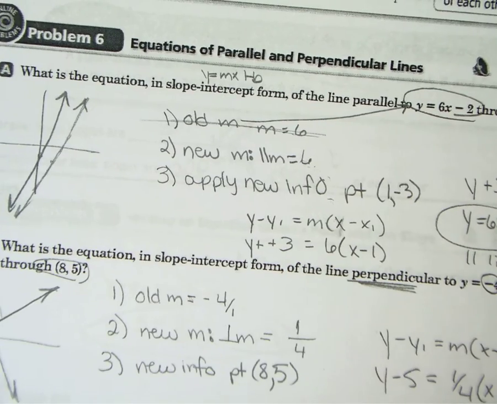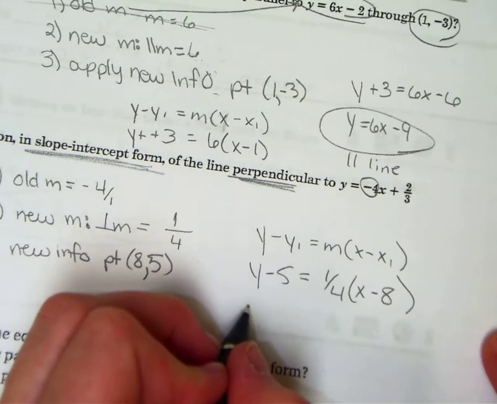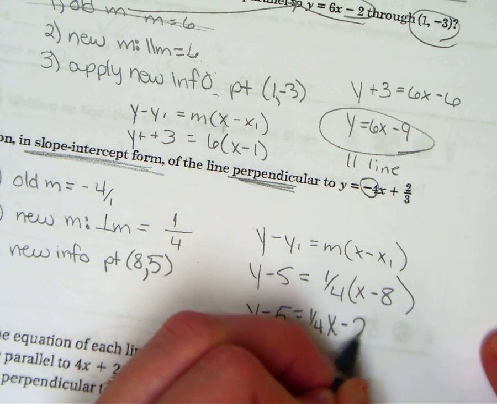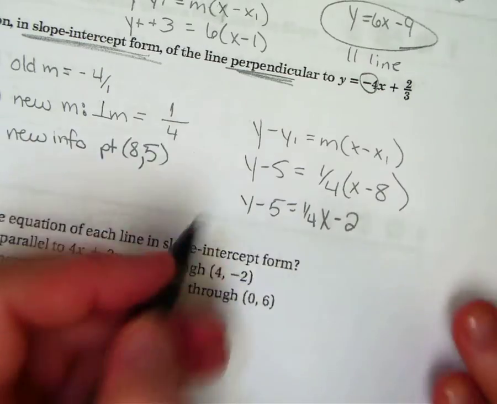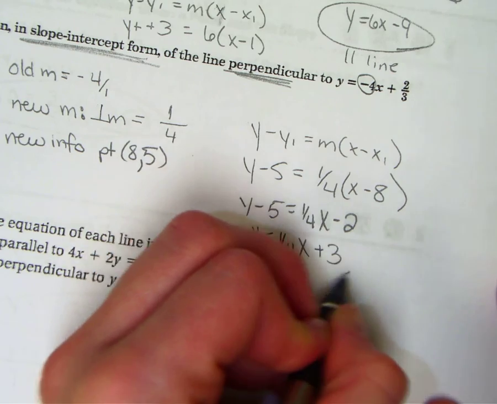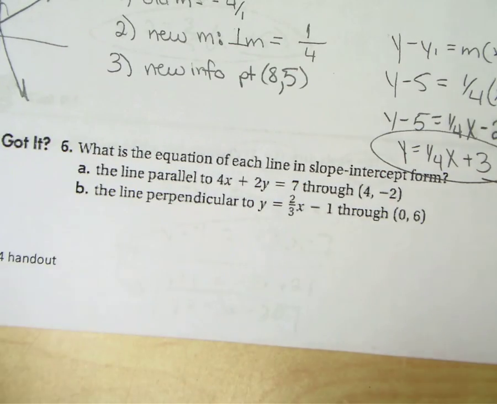It wants it in slope-intercept form, so I have to solve for y, which means I have to distribute my 1/4 in. And I have to add 5. And that's your answer.